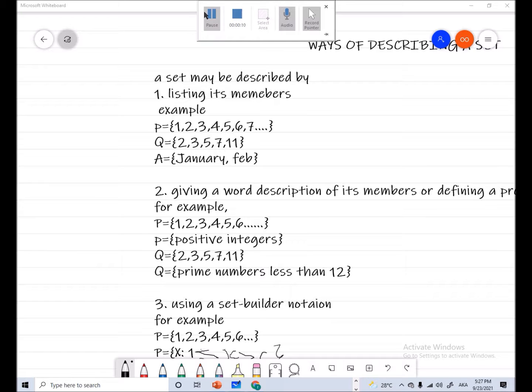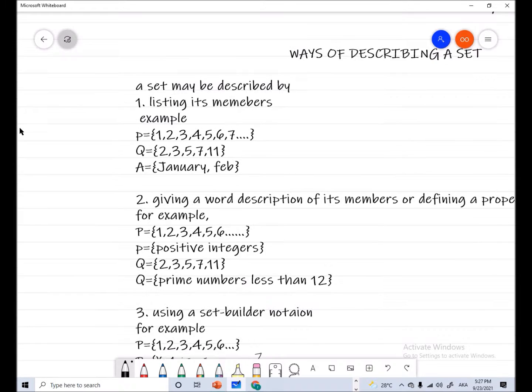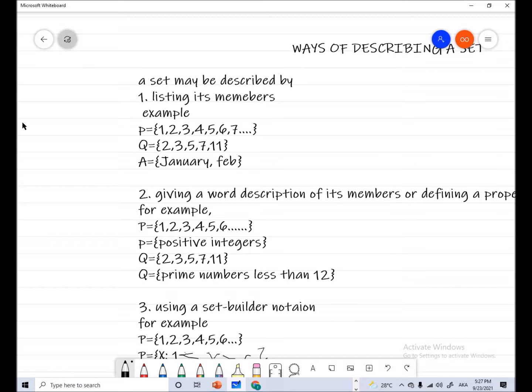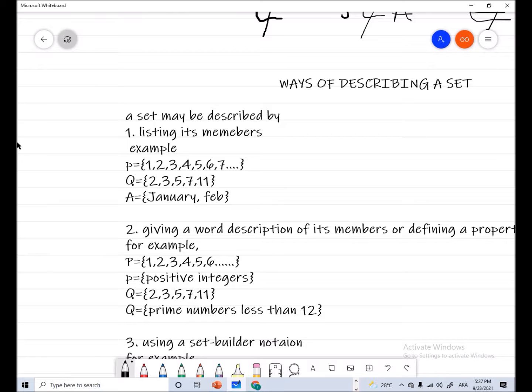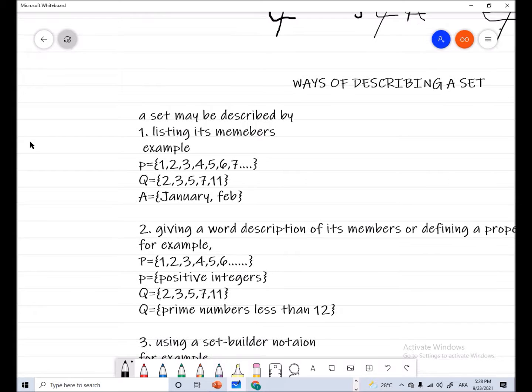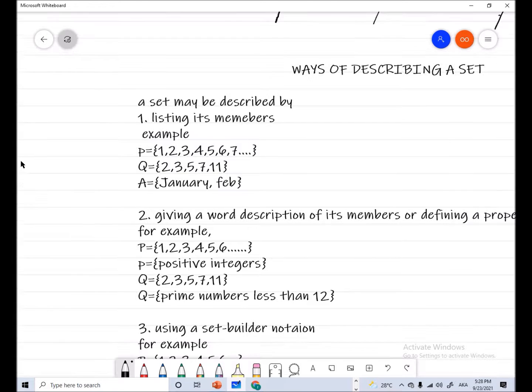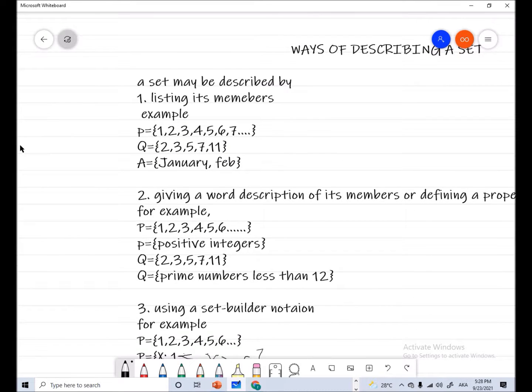Today we continue our classes on sets, okay? So let us quickly brush through the last class that we had. Let us remind ourselves. The other time we were able to look at ways of describing a set, and we listed the three ways.